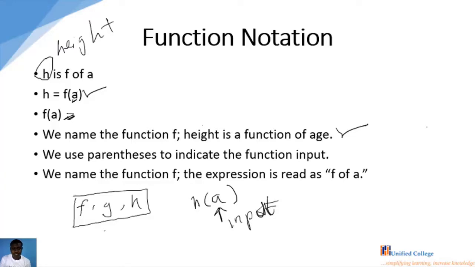We can also give an algebraic expression as the input to a function. For example, if you have something like f of a plus b, where f is a function, what we are simply saying is that the input to this function must be the sum of a and b.